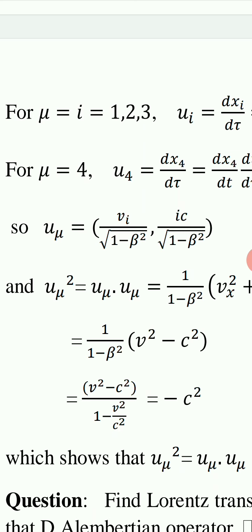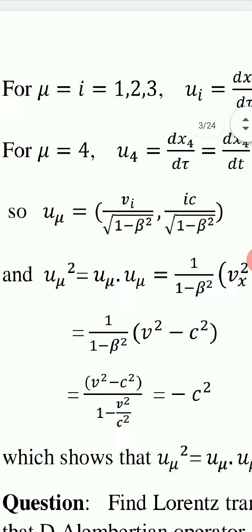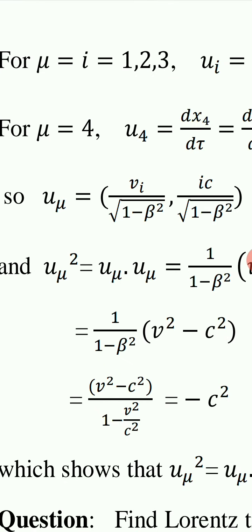The dot product of the velocity four-vector u mu with itself, that is u mu dot u mu, we write as u mu square.